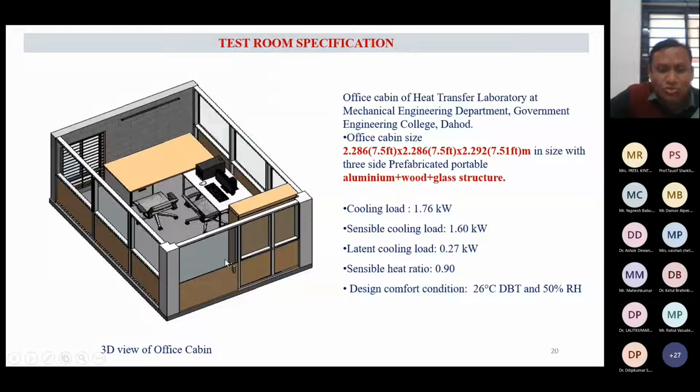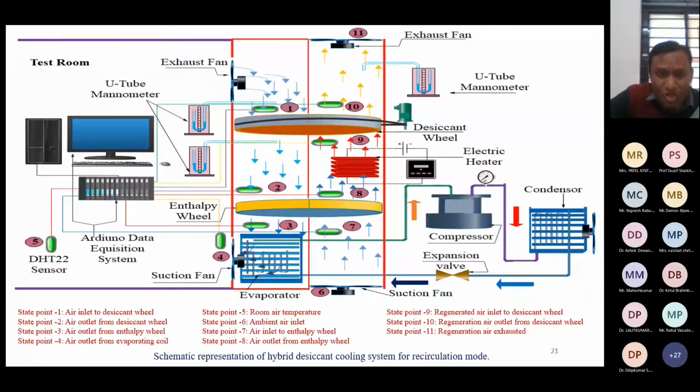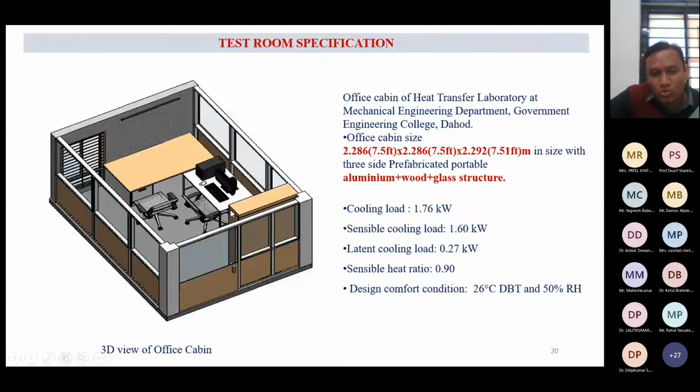This is the 3D pictorial view of the cabin. According to the ASHRAE standard, we have calculated the cooling load, and as per the cooling load analysis, I found that around 0.5 ton of AC is required for this particular cabin. In a similar way, with the help of this standard, I found out the number of tons required, and from the cooling load calculation, how much size of desiccant system is required.